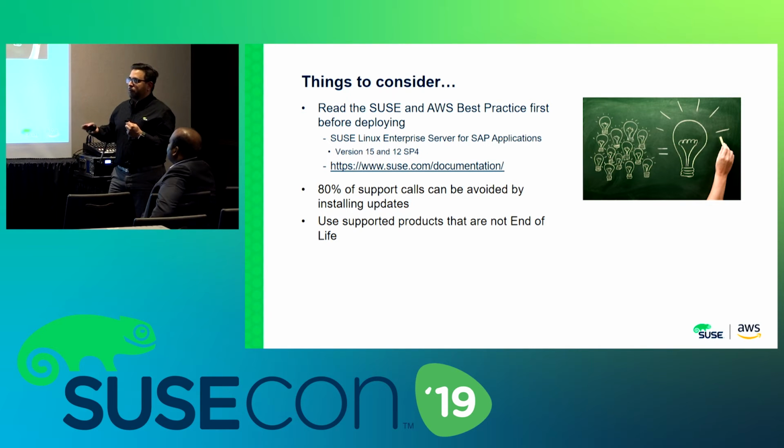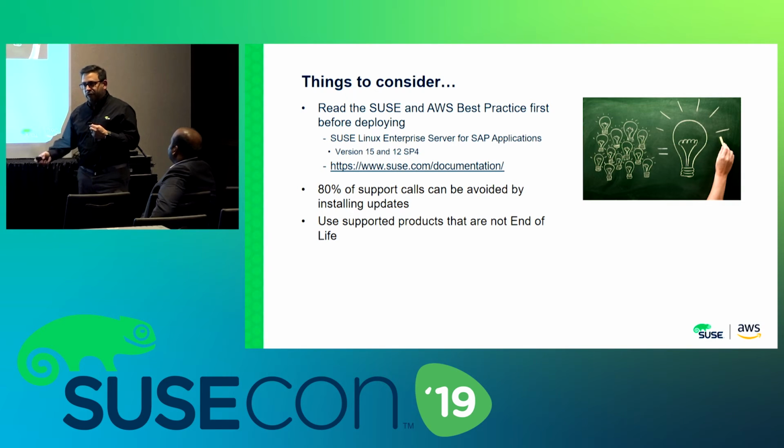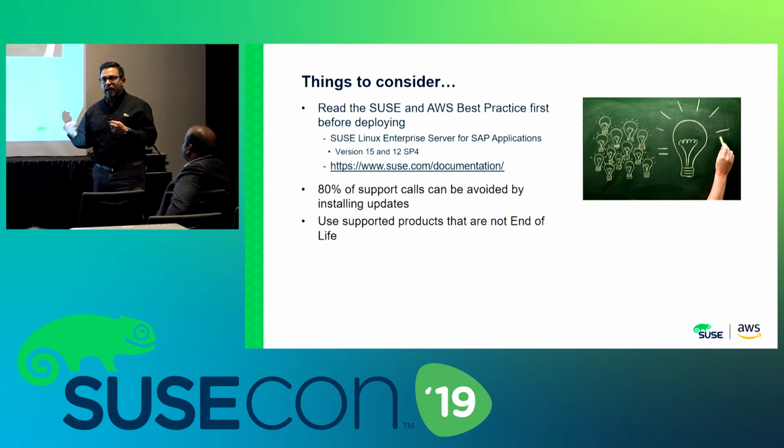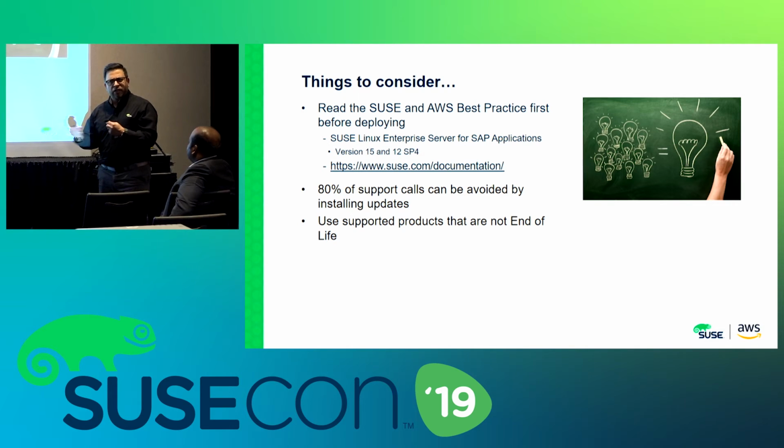Also, don't use support products that are end of life. We encountered this, and luckily our product team and SUSE realized that customers needed a longer life cycle for SLES for SAP. If you remember back to the previous slides, it was 18 months. We've increased that to 4.5 years, but it still shouldn't stop you.